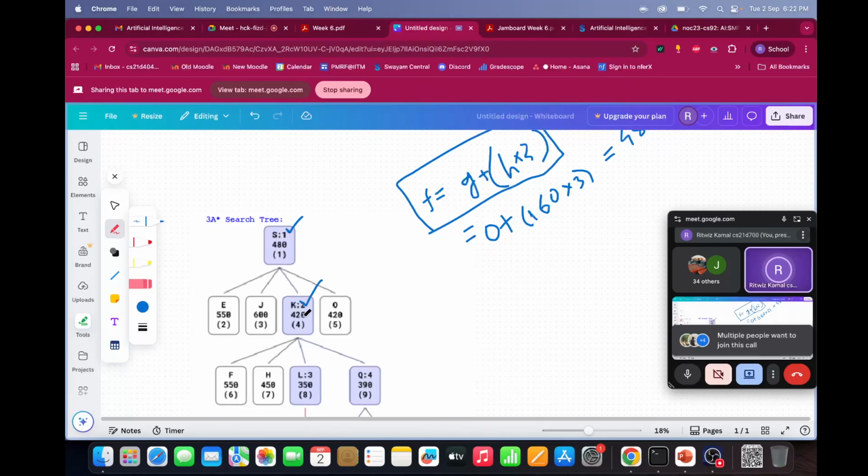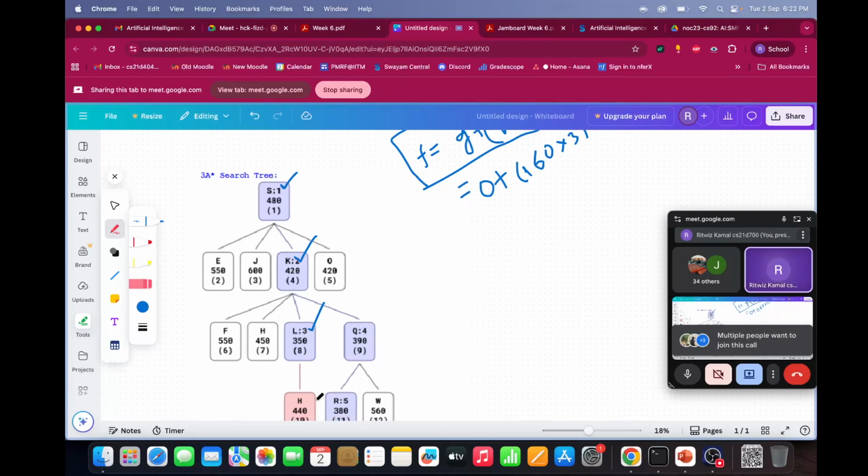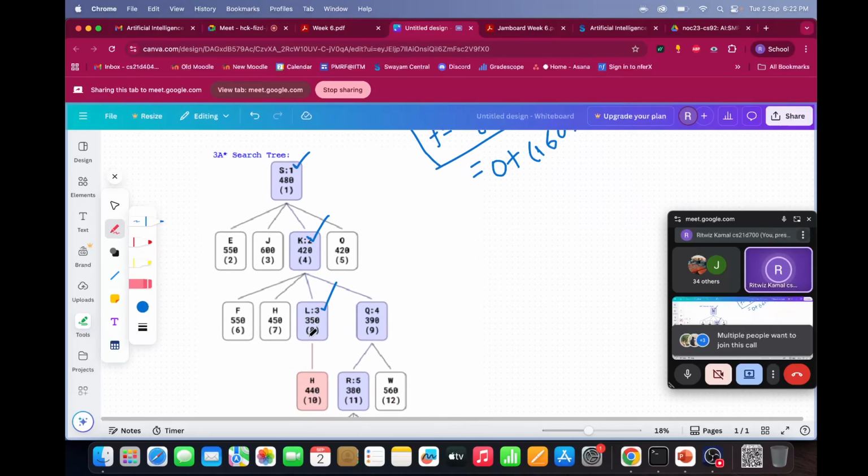Next, the one that we would be inspecting would be the one with the lowest cost again, and that happens to be 350, right? So among E, J, O, F, H, L and Q, L has the lowest cost, and it doesn't have any competitor, no other node with the same cost as L. So we will simply choose to expand L next, right, and that will give us H with cost 440.